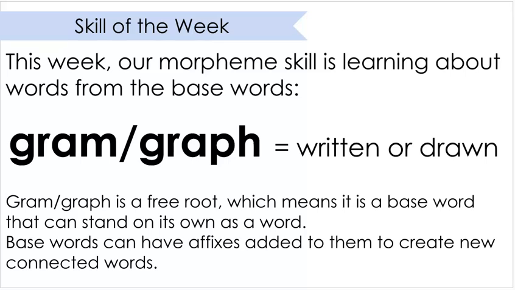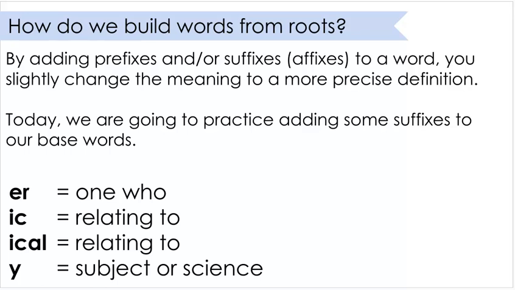Base words can have affixes added to them to create new connected words. Today we're going to practice adding some suffixes to our base words. We're going to add er, which is one who, that's one we're familiar with. Ik, which means relating to, or ical, which also means related to. Those are actually connected. And if you have a y at the end, sometimes that means a subject or science. With all that said, let's get started.